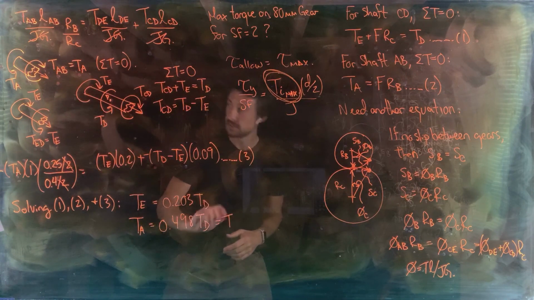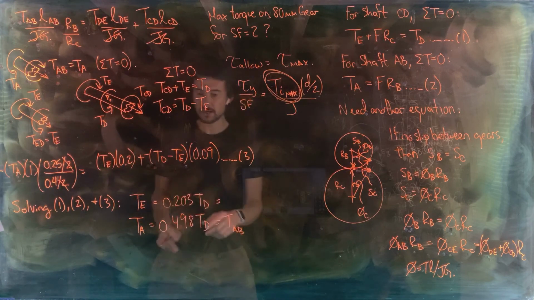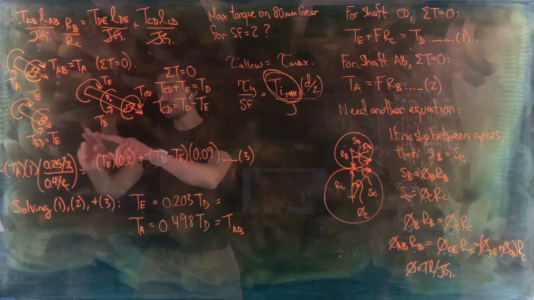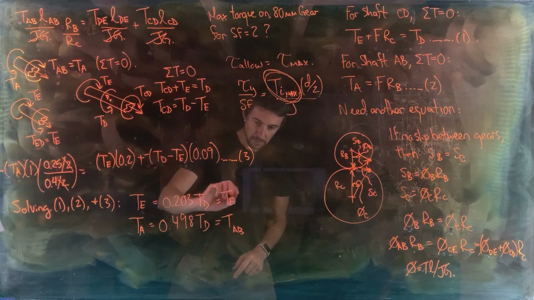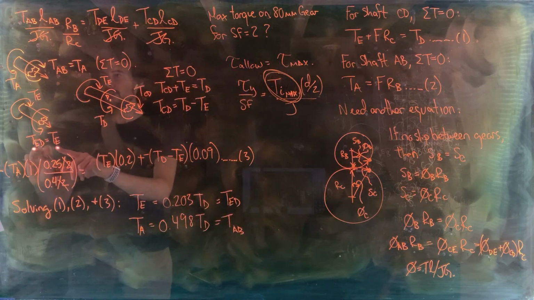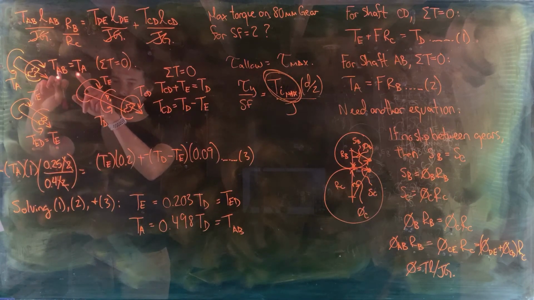So this is TAB here. And TE, that was the same as TED. Okay, TE was TED. So we know what this internal torque is. We know what this internal torque is here.